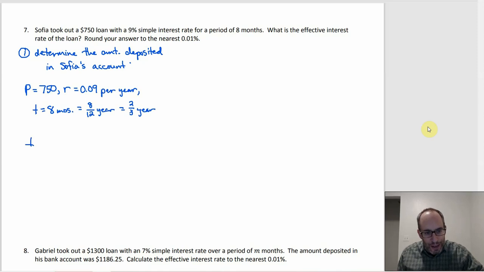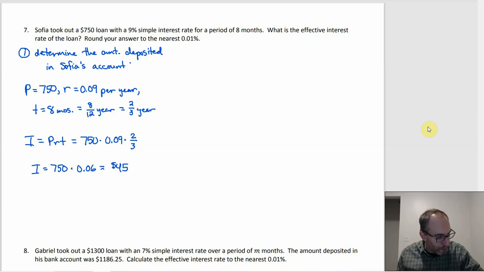So then I equals PRT, but P is 750, R is 0.09, and T is 2/3. So really, the 0.09 times 2/3 is going to be 0.06, right? That's going to be 0.18 over 3. So I is going to be 750 times 0.06, which works out to be $45.